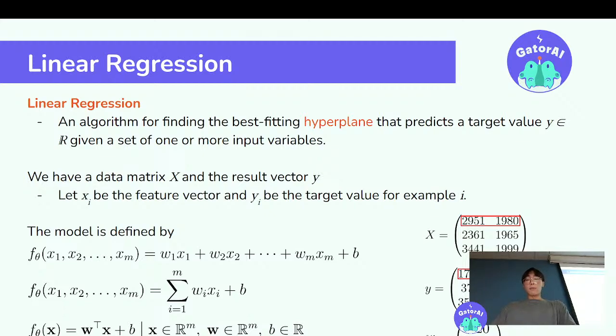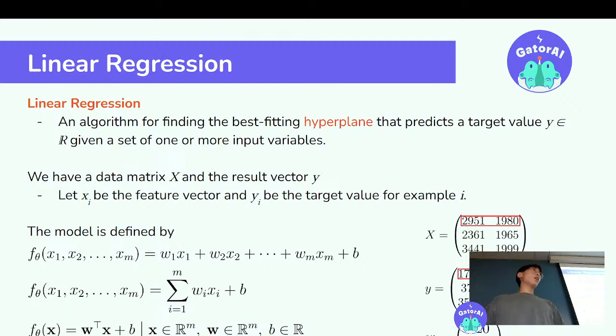So what is a hyperplane here? A hyperplane is essentially a linear space of n minus 1 dimensions in the n-dimensional space you're talking about. So for example, if we're talking about a 2D plane, the hyperplane in that 2D plane would just be a line, right? Because a line has 1 dimension, your plane has 2 dimensions.